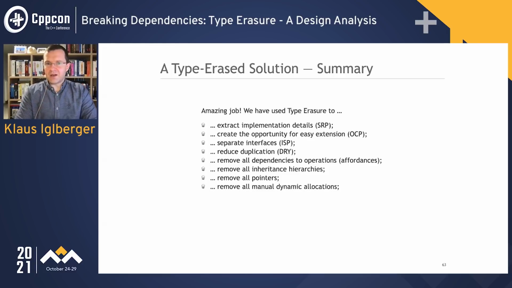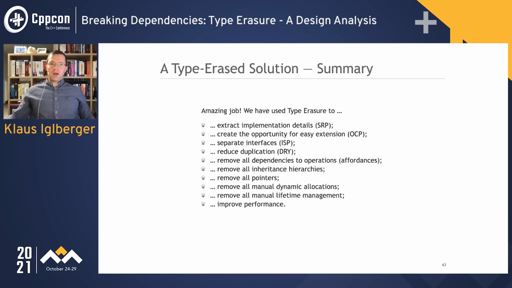There's hardly any manual allocation that we have to do. Inside we still do something, but again, this is somewhere in the wrapper. And we have manually managed all lifetime very, very nicely, easily. And interestingly, we have also improved performance, or at least there is the potential.